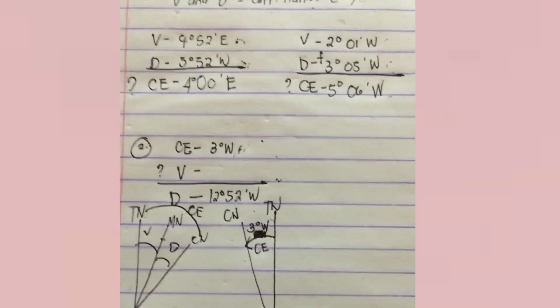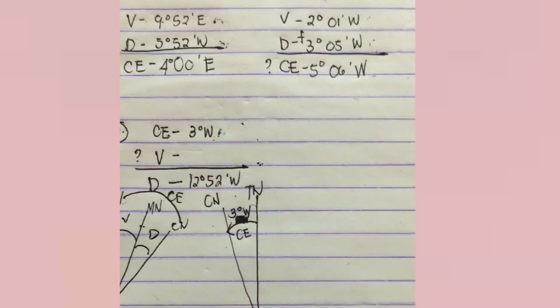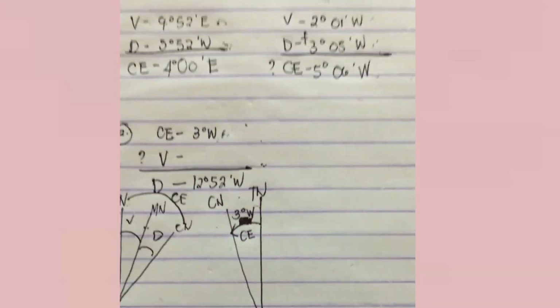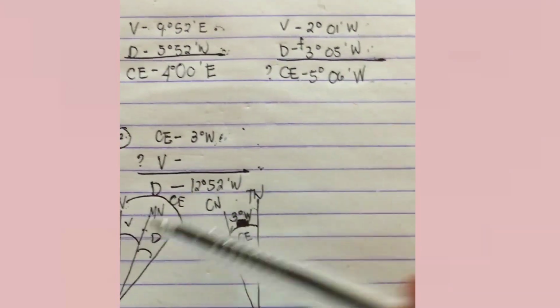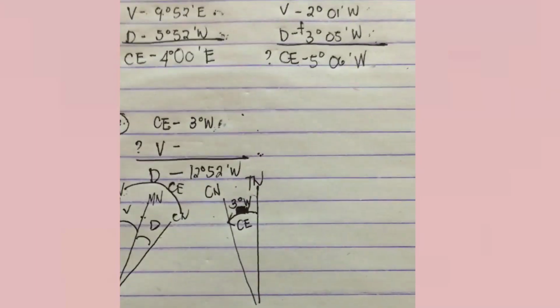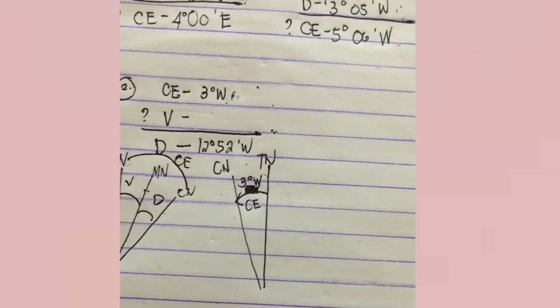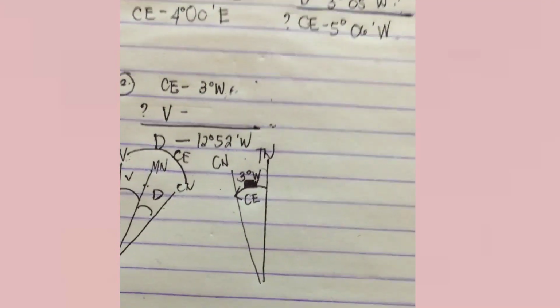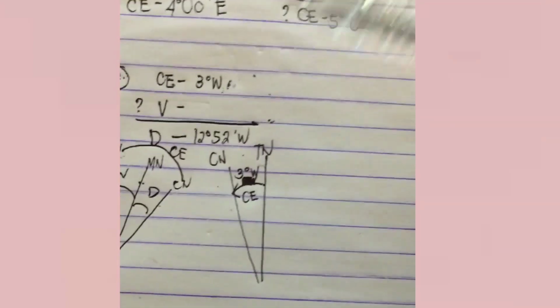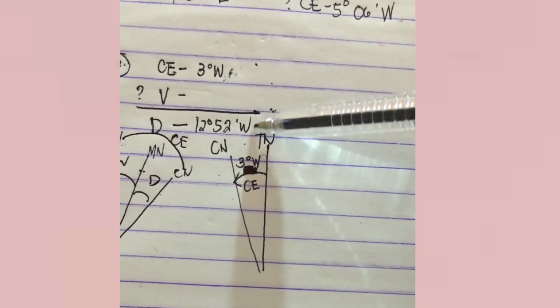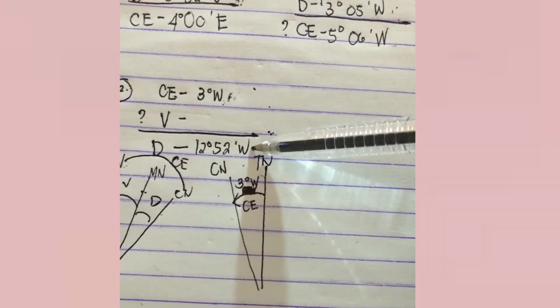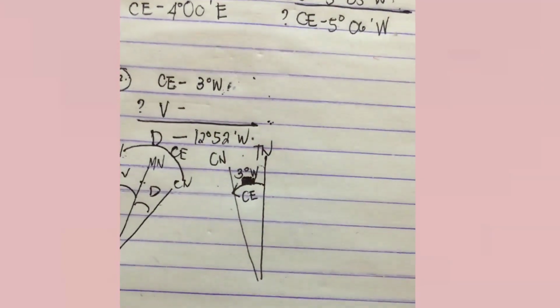Now let us illustrate the deviation. Deviation is the angle between the magnetic north and the compass north. As we can see, our deviation is 12 degrees and 52 minutes west.